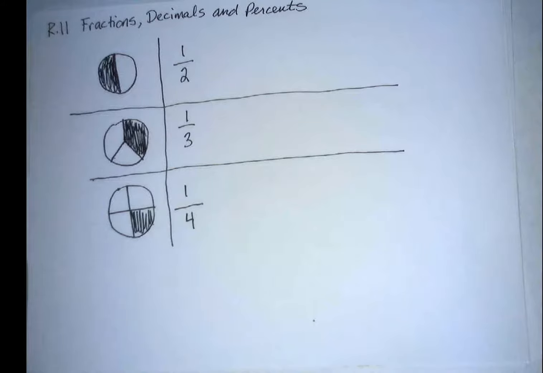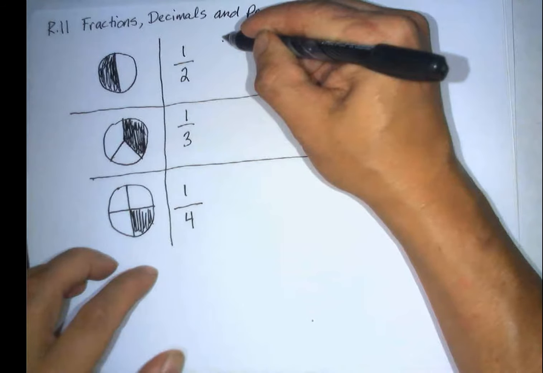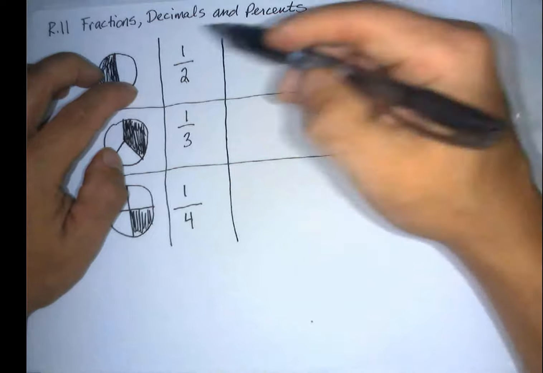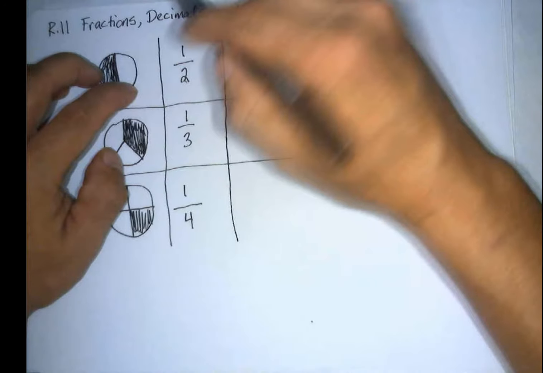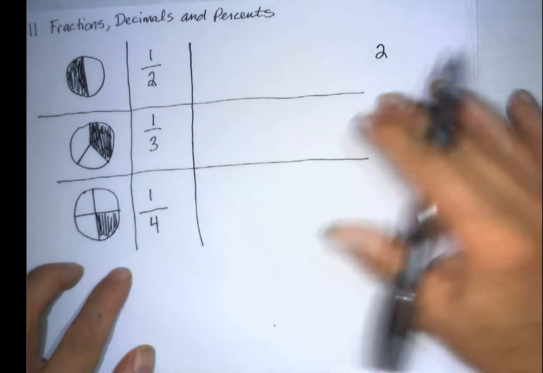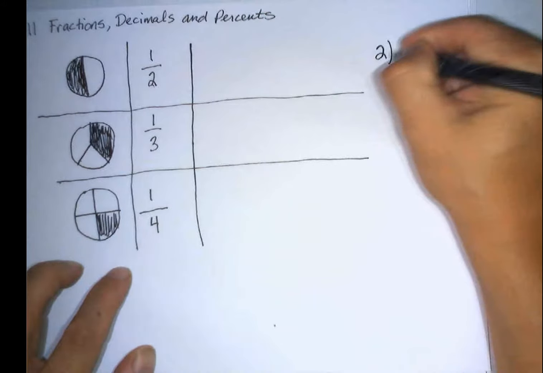And to do that, we're going to divide the denominator into the numerator. In other words, we're going to turn it clockwise. So if we turn this clockwise, notice it's going to look like this. The 2 is going to be on the outside, and the 1 is going to be on the inside of it.